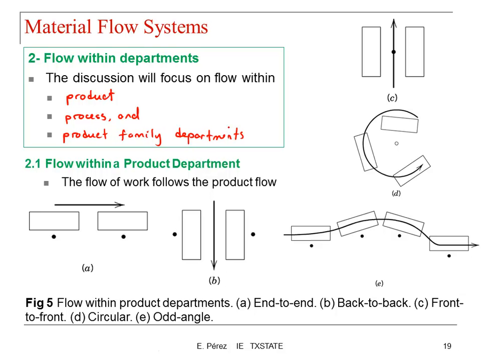We have multiple stations in this circular fashion, and you're moving the product from one station to the other, and then deliver. And the last one is an angle. Maybe you have a big machine that is taking up some space in this area, so you might need to design around that machine. That's something else that can happen. But those are the more general types of flow or designs happening in a product department.